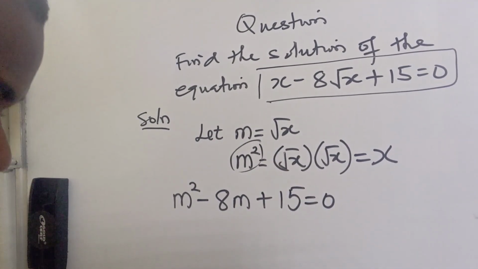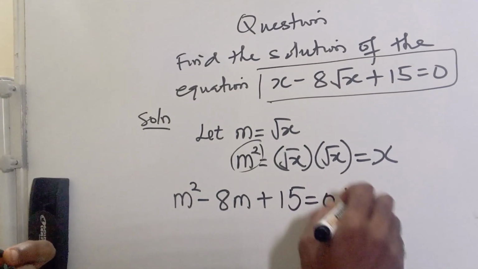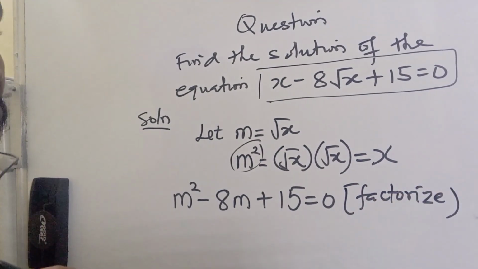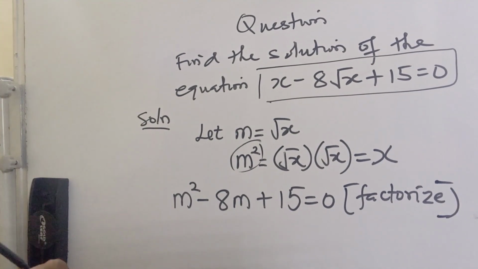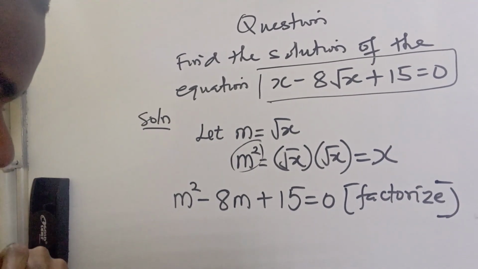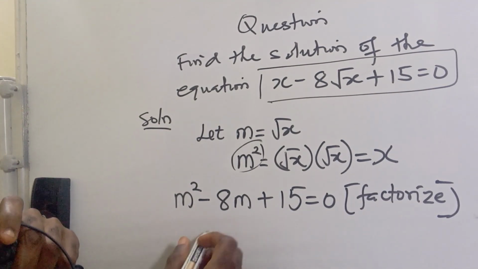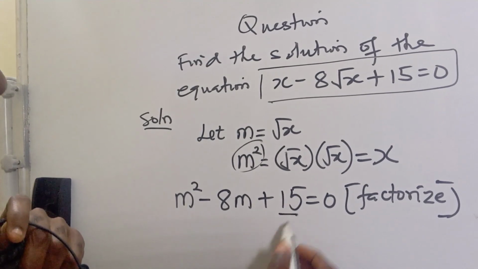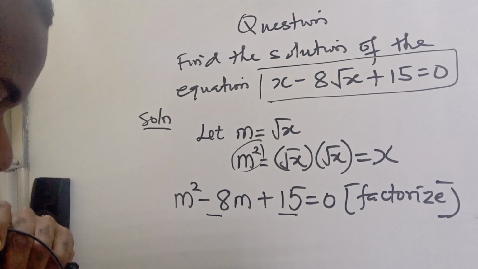So from this, what can we do? Now we are going to factorize this. If we are to factorize this, we have to look for two numbers whose product will give us plus 15 and whose sum will give us minus 8.